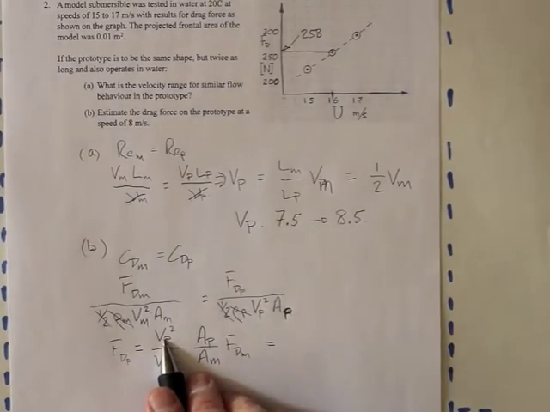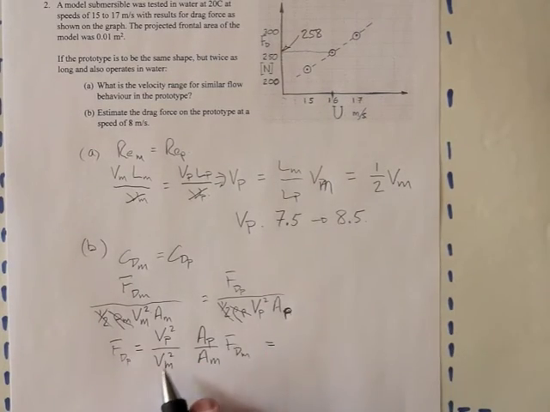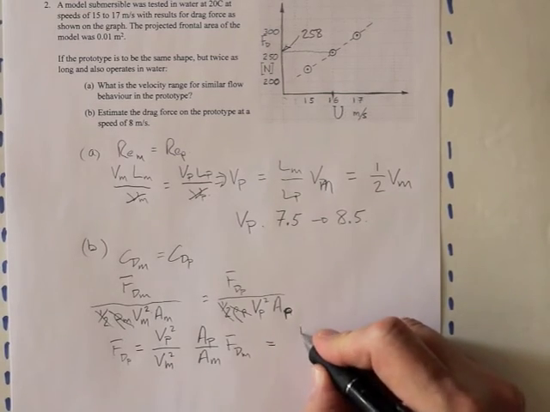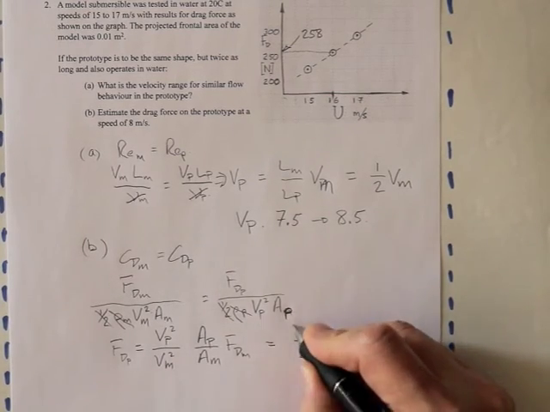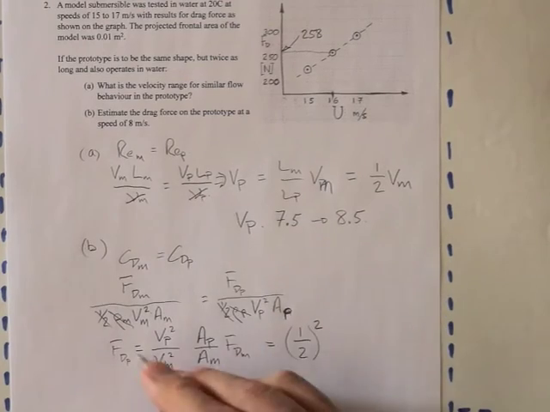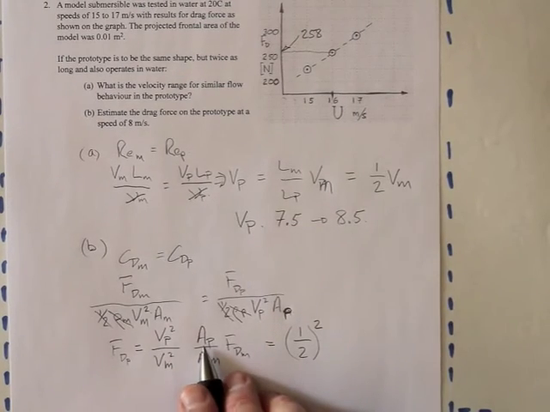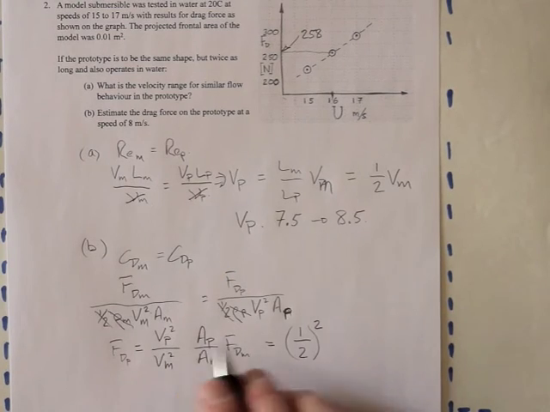The velocity of the prototype is 1/2 the size of the velocity of the model, so that's 1/2 squared. The area of the prototype is, the prototype's twice as big, so the area will be 2 times 2 is 4 times as big.